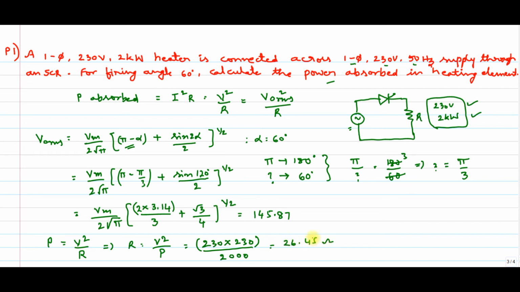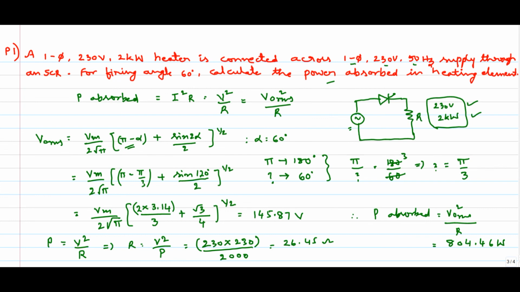Therefore, power absorbed is equal to Vo RMS square divided by R, which comes around 804.46 watt. Simply square the Vo RMS and divide by resistance 26.45, so you will get 804.46 watt. So this is the simple way of getting the answer.